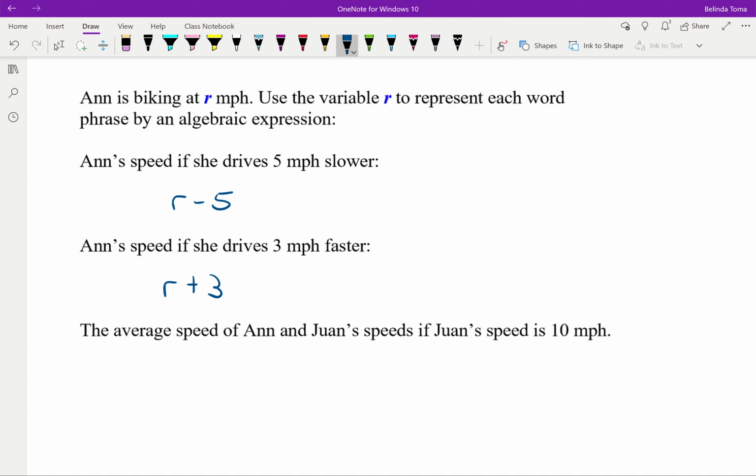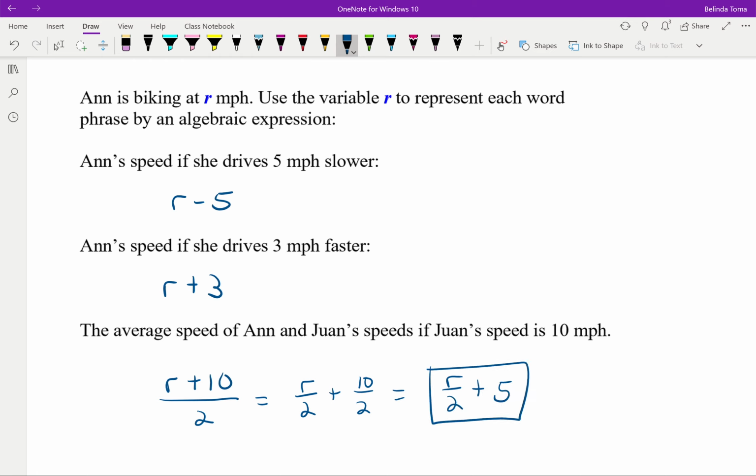So again, we're using r for Anne's speed plus 10, which is Juan. And because there are two speeds, we're going to divide by 2. That would be one way to express it. Or, because we know that denominator applies to both terms, we could write it as r over 2 plus 5. Either one would be okay.